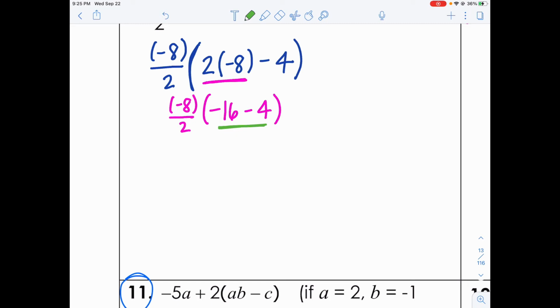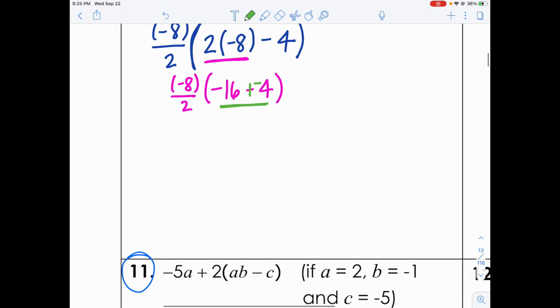Remember, we don't subtract integers, we change it to adding the opposite. So this is really a negative 16 plus a negative 4. A negative 16 plus a negative 4 is a negative 20. Keep it inside of the parentheses and bring down the negative 8 divided by 2.